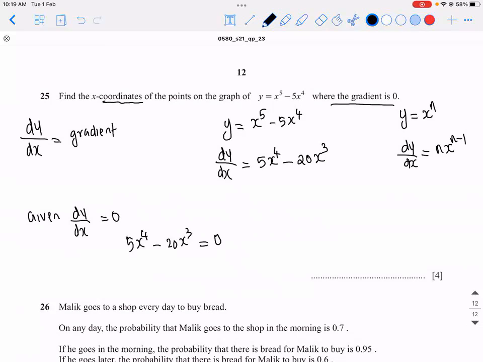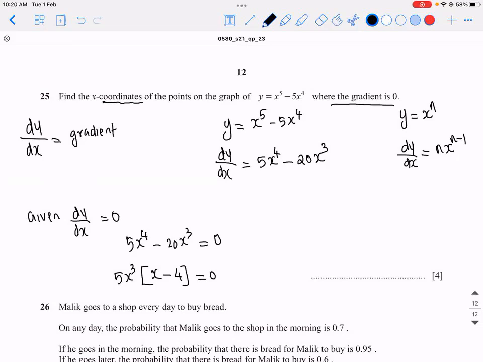So what is common for these two terms? Of course, 5 and x cube. If I take 5x cube common, it becomes, oops, it's not 5x because I have already taken 5. So it becomes x minus 4 equal to 0. So 5x cubed times x minus 4 is equal to 0.